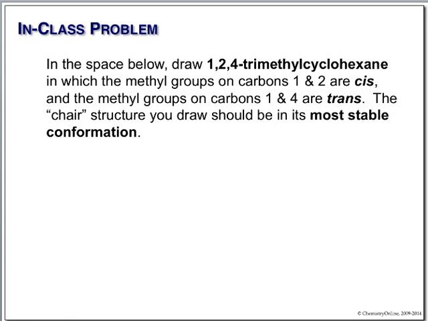All right, we're looking to draw 1,2,4-trimethylcyclohexane. Methyl groups on carbons 1 and 2 will be cis. Methyl groups on 1 and 4 are going to be trans. And again, we want the most stable chair.